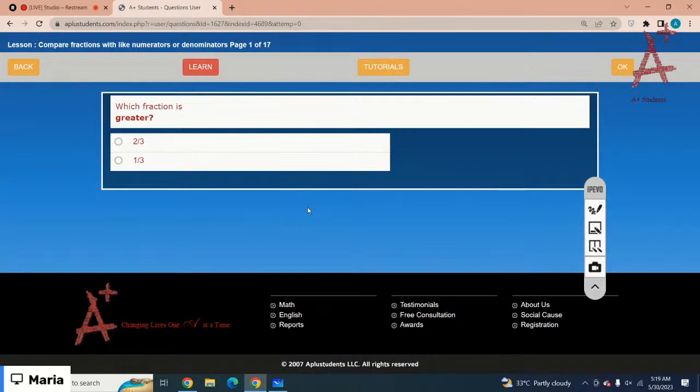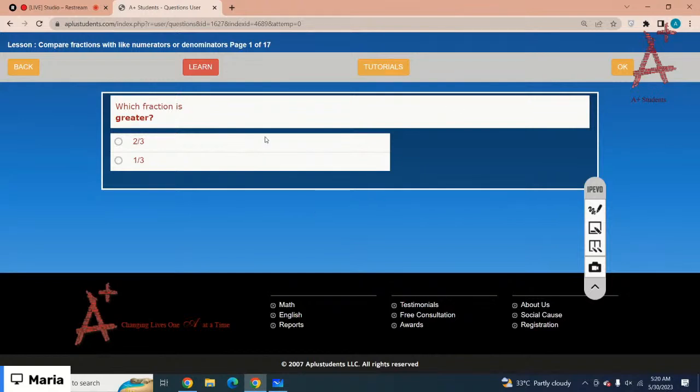Which fraction is greater? 2 over 3, 1 over 3. Yes, 2 over 3 is greater than 1 over 3.